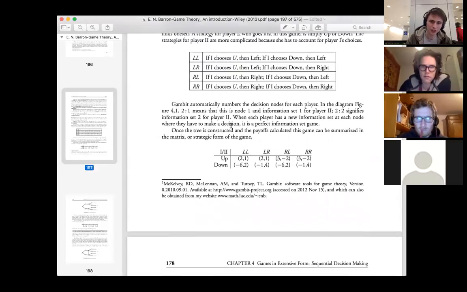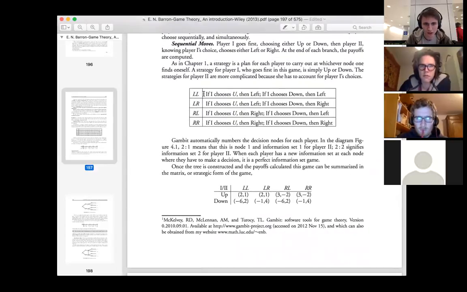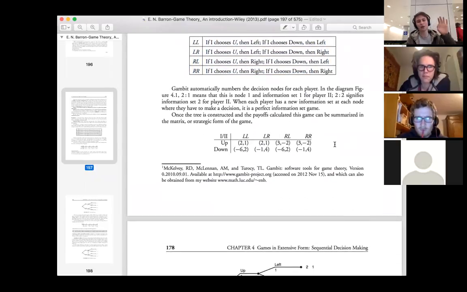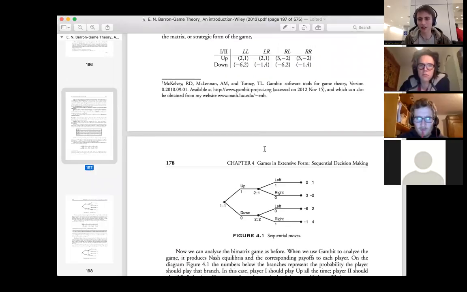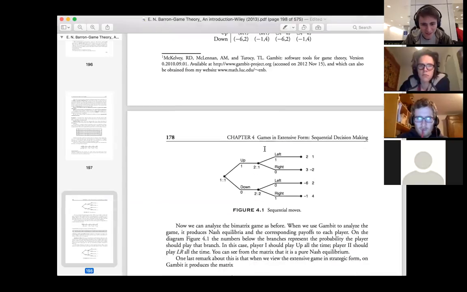Okay, well, they actually have a description of all of the different choices for player 1 and player 2. Oh, here we go. Up, left, up, left, right. Well, I'm not doing a very good job of explaining this, but generally this should be correct.